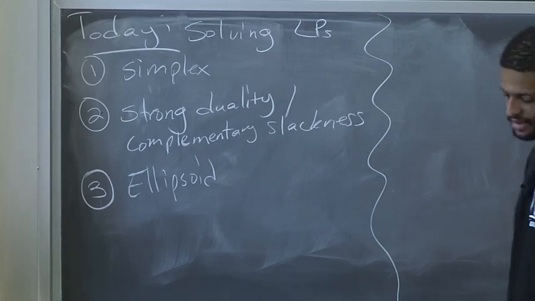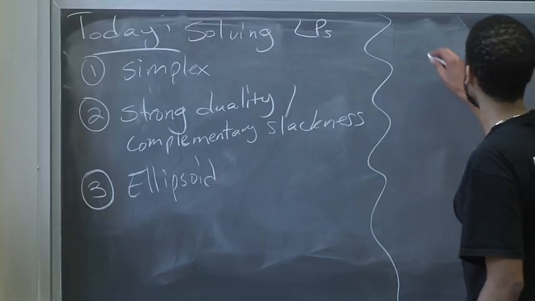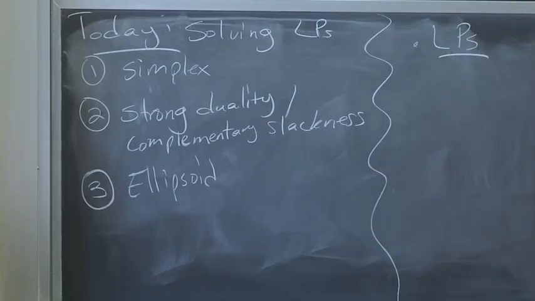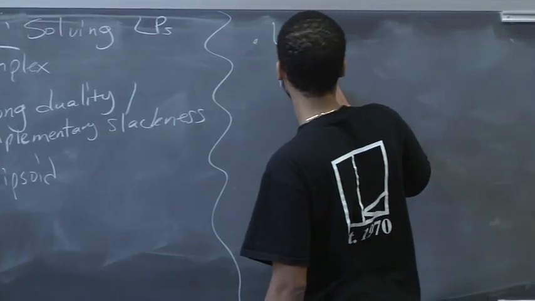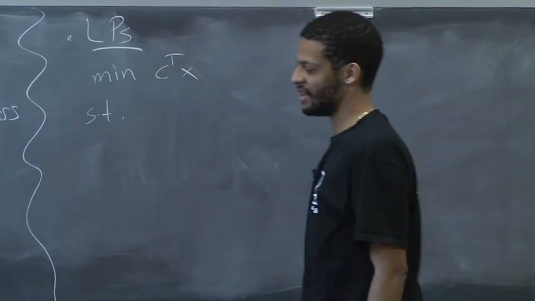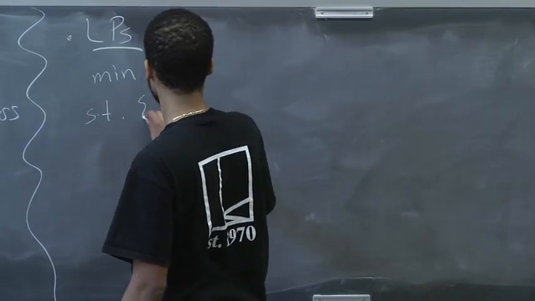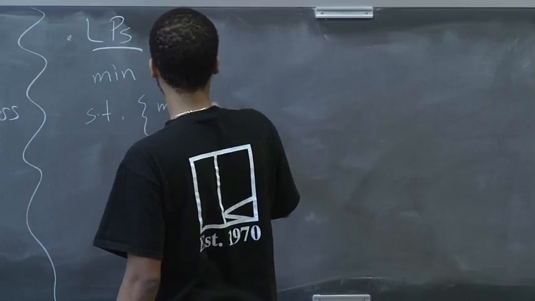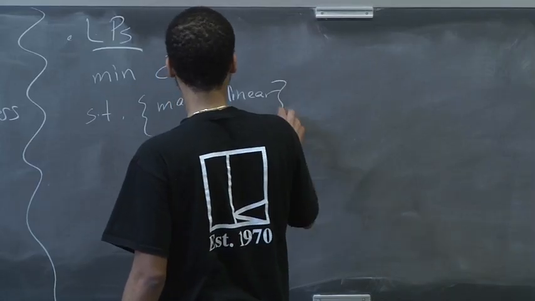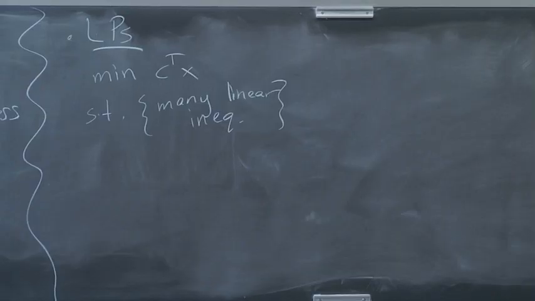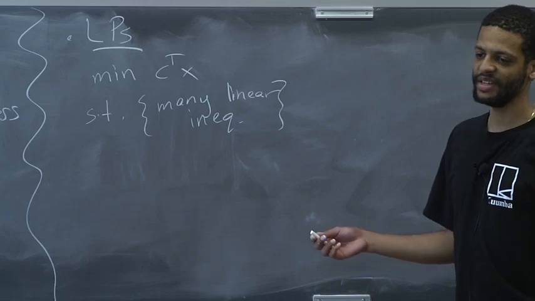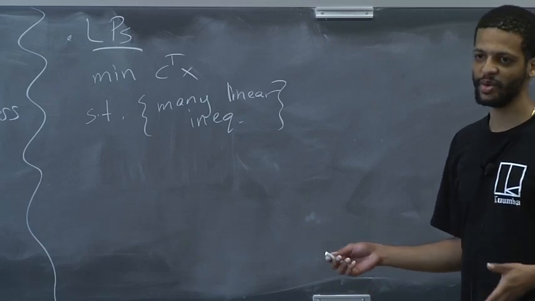So first of all, LPs, linear programming. So far I've been saying that we want to minimize c transpose x such that we have so many linear inequalities. For example, it could be that A·x is equal to b, or is at most b, or is at least b.